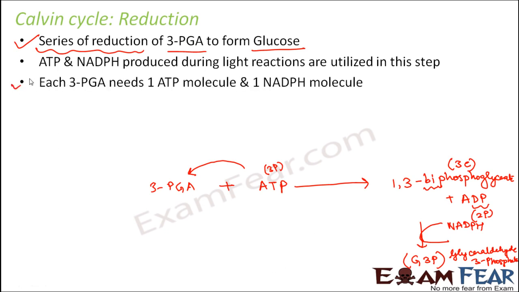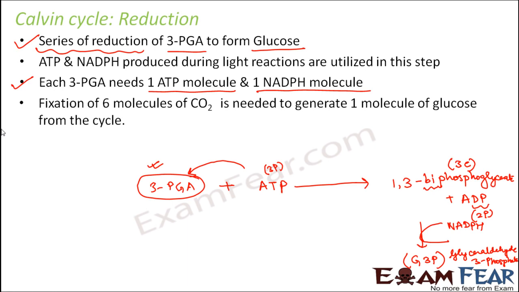Here each PGA needs 1 ATP molecule and 1 NADPH molecule. Now what I told you in the first step, 2 molecules of PGA are formed, right? So each of them will need 1 ATP molecule and then it will form this intermediate product.